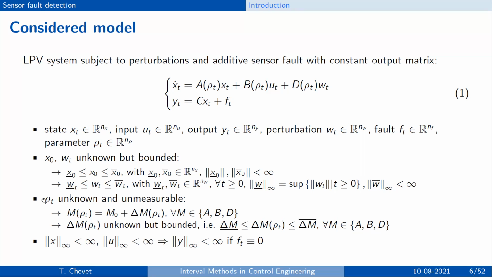We also assume that the parameter vector is unknown and unmeasurable, and that we can split the parameter varying matrices into a fixed matrix and a parameter varying one, which is unknown but bounded by two matrices, so for the matrices A, B, and D. We also assume that we already have a controller designed on the system to avoid having to design one here, so that the known control inputs and the state vector remain bounded over time.